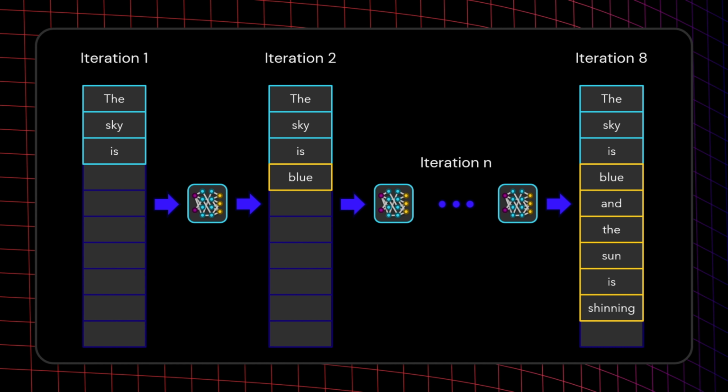Then after n iterations, we had "the sky is blue and the sun is shining." If we consider that this AI model is very limited in terms of inputs and could only handle 10 tokens, we might see that after iteration 8, the model was really close to the limits of what it could operate.